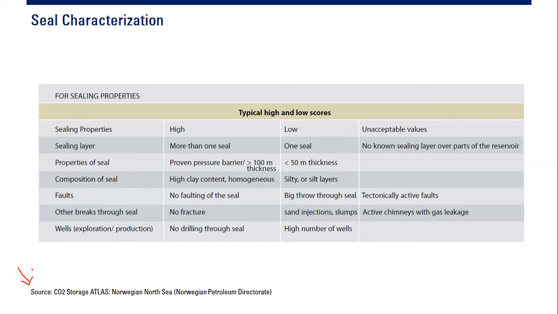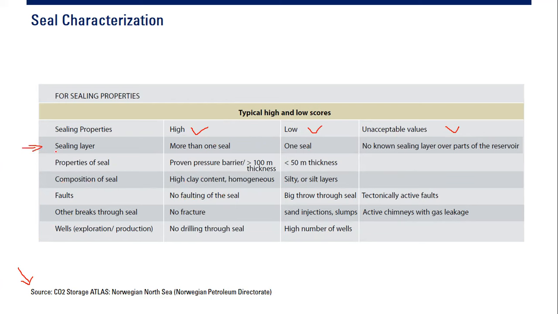All right, so again, this is our table for sealing properties characterization. Here we have three categories. Either you will have high or good seal property, then poor or low sealing property, and lastly the unacceptable one. All right, so the first one is the sealing layer itself.